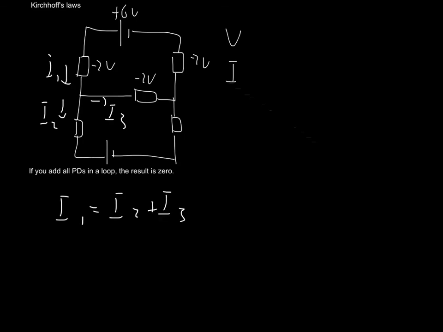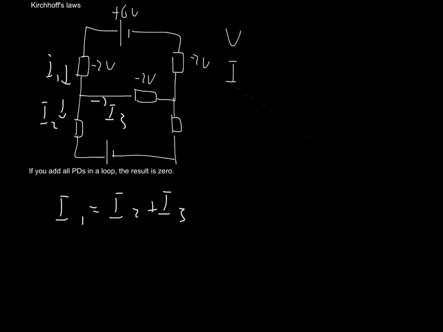And that's it. So the basic idea is incoming current equals outgoing current, period. It could be that these two are incoming and this one is outgoing. It could be that this one is incoming, these two are outgoing. It doesn't matter how you choose things, this is always going to happen.